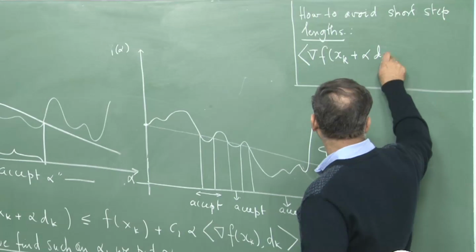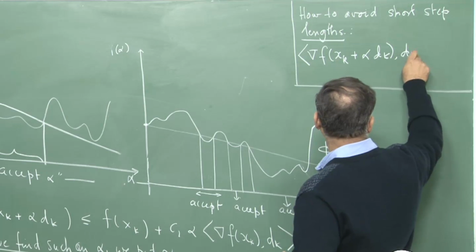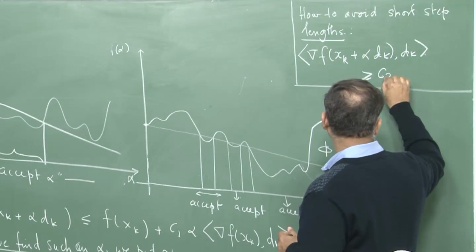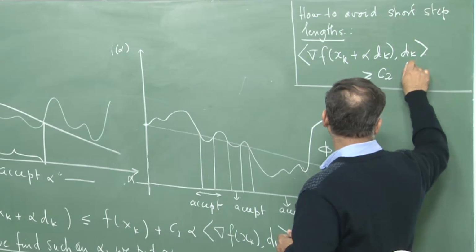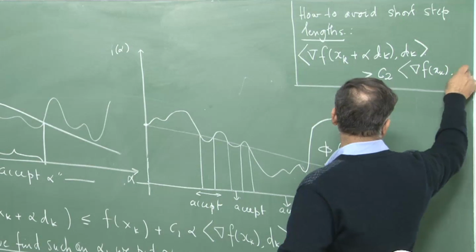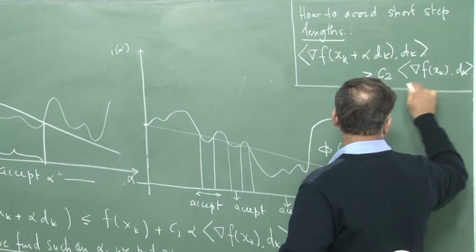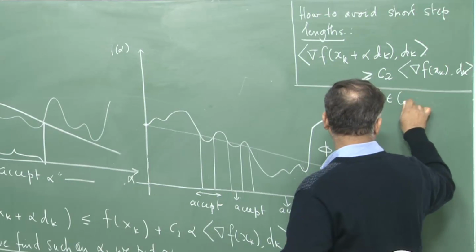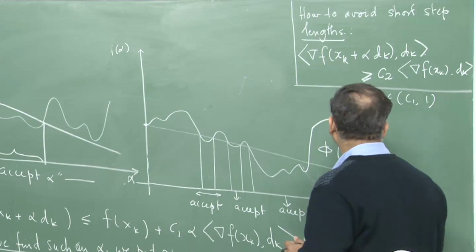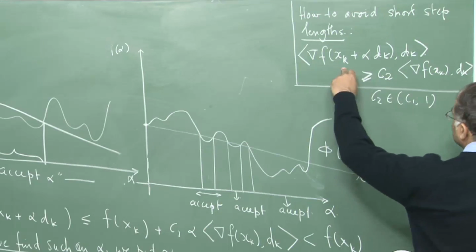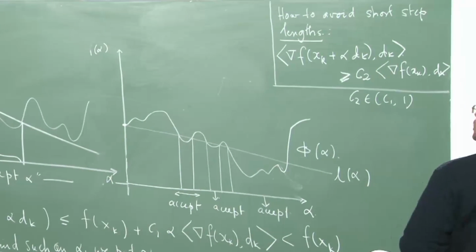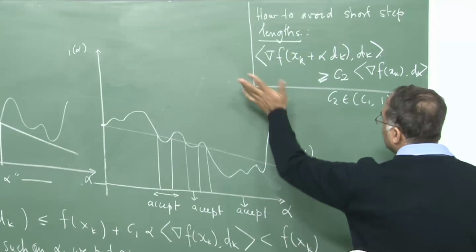which condition is nothing but, as we have written in the other format, we need to find an alpha which, now you are asking something to be bigger. Now, this quantity is negative where C2 is of course taken between C1 and 1, but this quantity could be positive also, or this quantity could be 0 also, or this quantity could be negative also.